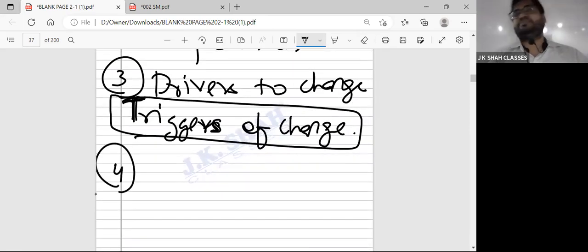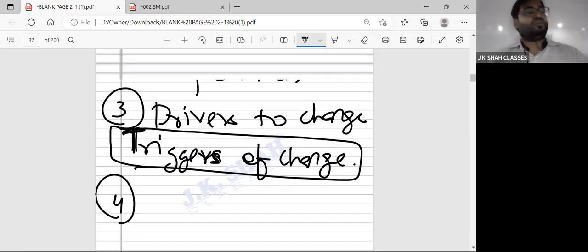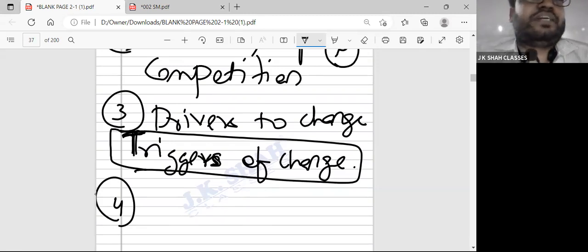4th point. If I can talk about this, see if you can understand this statement that I just made. Over the years, business has not changed, but the way of doing business has changed. Why? Because our environment is dynamic. So before demonetization, I used to carry a lot of cash in my wallet.